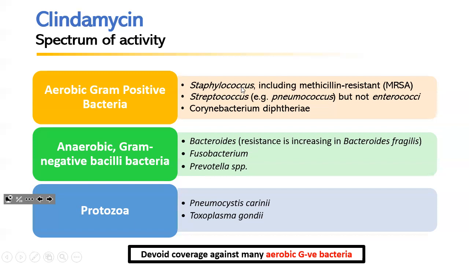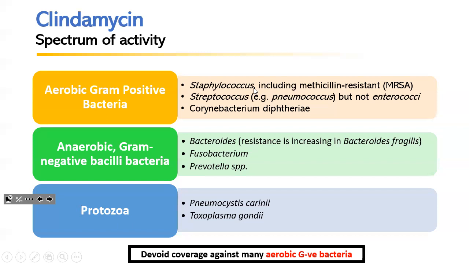Now, also, it has a good anaerobic bacterial coverage. So we have gram-positive and anaerobic coverage. It covers the Bacteroides, and also covers the Fusobacterium and the Prevotella species.